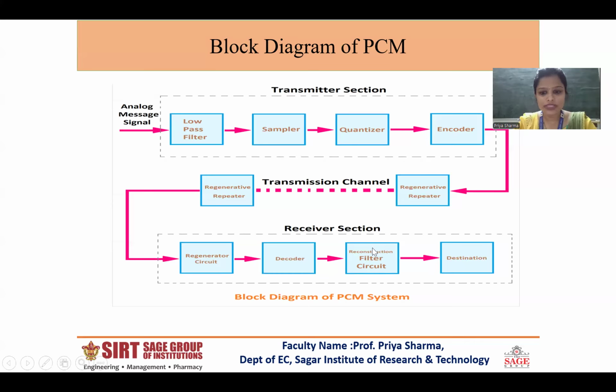The sample and hold circuit, which is this reconstruction filter circuit, is basically a low pass filter to reject any frequency component lying outside its band. Then it converts the recovered pulse amplitude modulated signal back to its original form at the destination. So this is how the pulse code modulation system works.